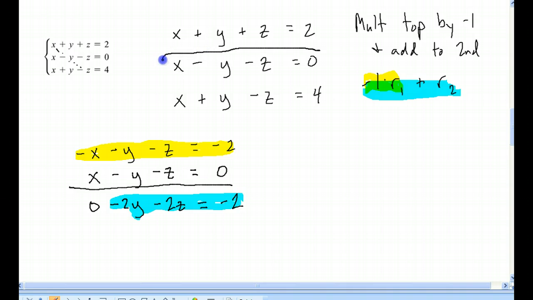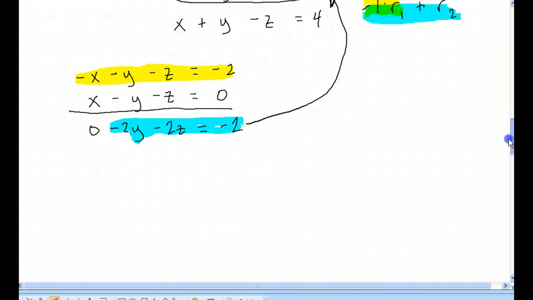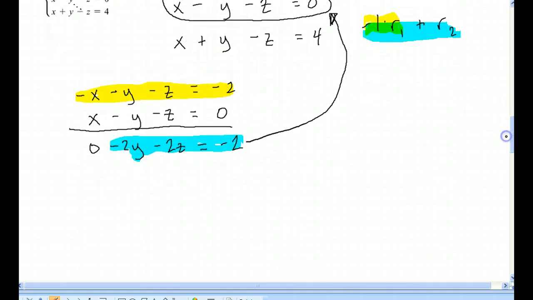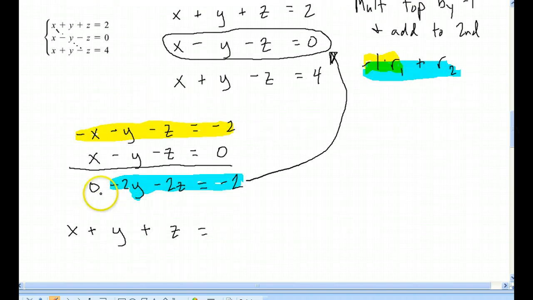Okay, so this row is going to be replaced with this. Alright, so I got an x plus y plus z that equals 2 still.